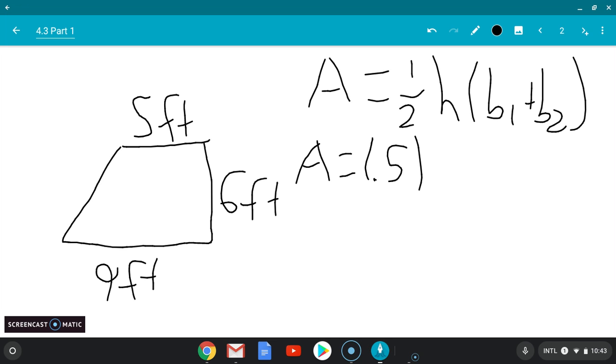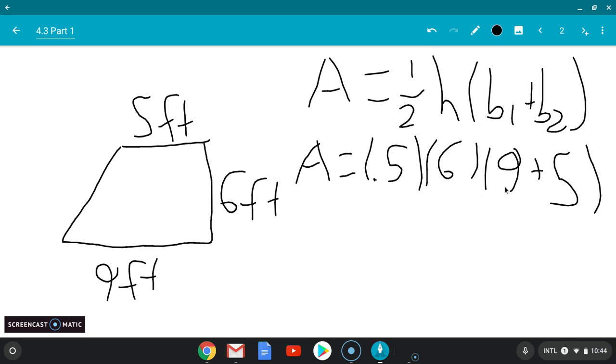Now my height, I'm going to put that in parentheses too, we said is 6. I'm going to put that a little neater. And then I have base 1 and base 2. Base 1 is 9 feet, plus base 2, which was 5 feet. All right. So my first step, I have 0.5 times 6 times 9 plus 5.